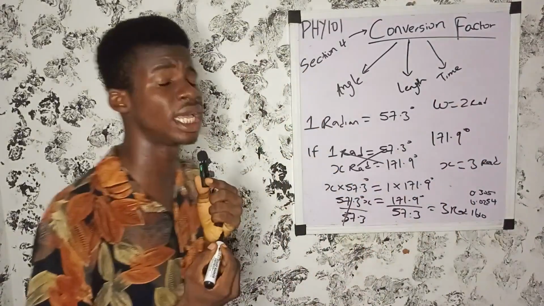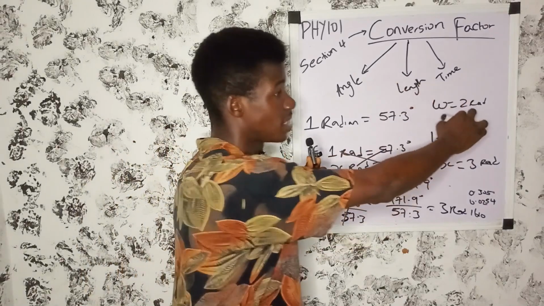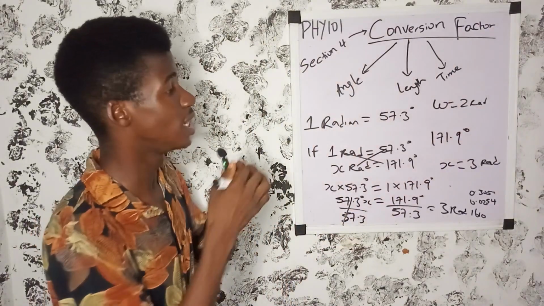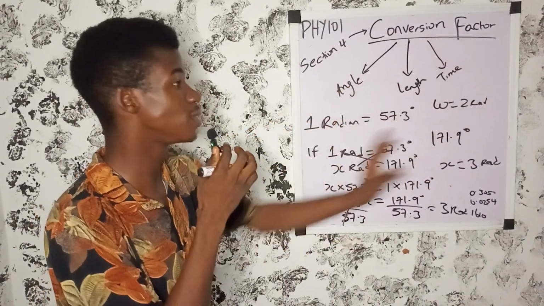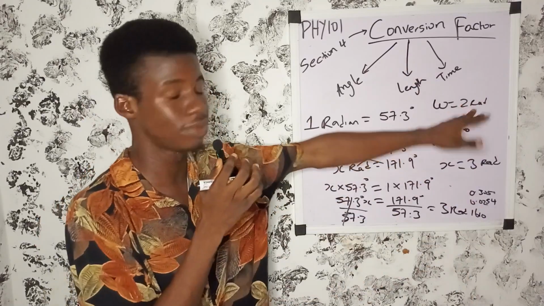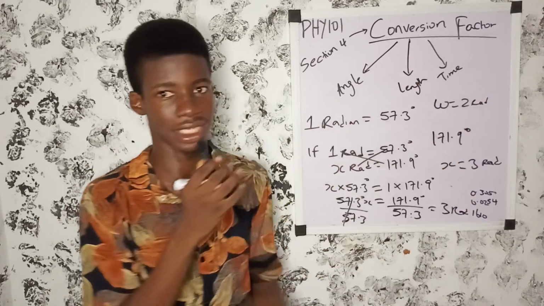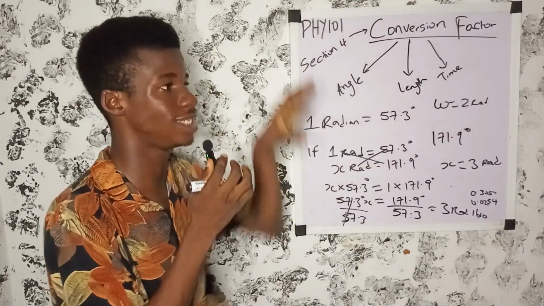When you are solving, you are expected to convert this rad to degrees. That is where the usefulness of the conversion factor takes place, because if you use it directly you will not get your answer. So they expect you to convert from radian to degree so you can use that degree to solve.